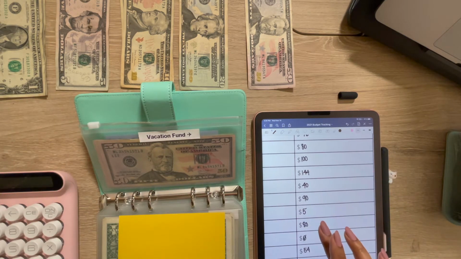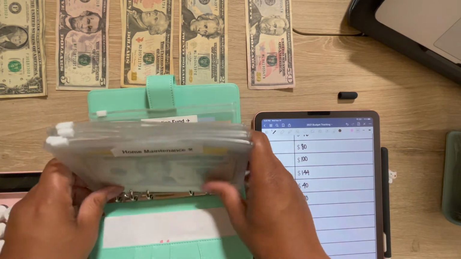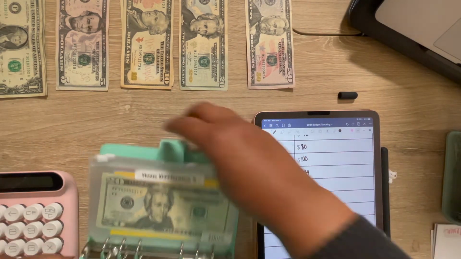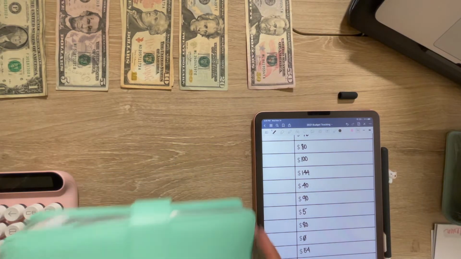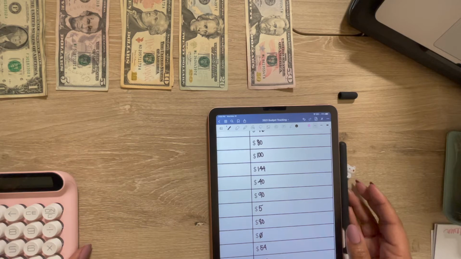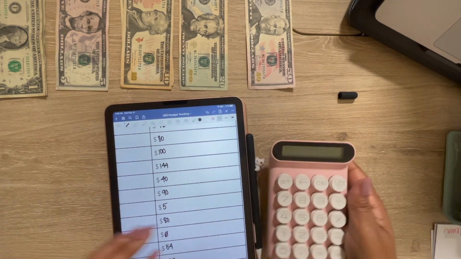So now I have all of my sinking funds filled, and I'm going to set them to the side and calculate our sinking funds balance now that we've stuffed our envelopes for the pay period.